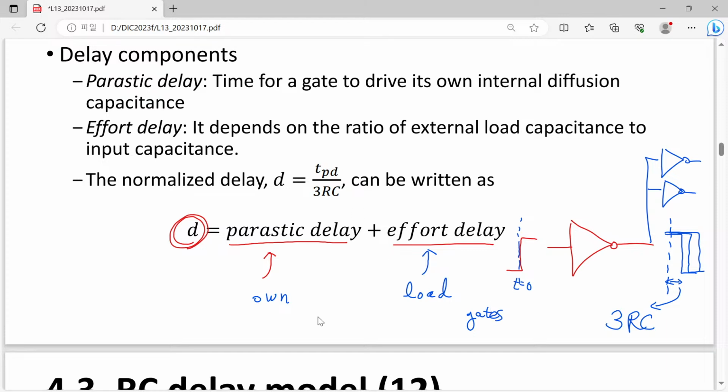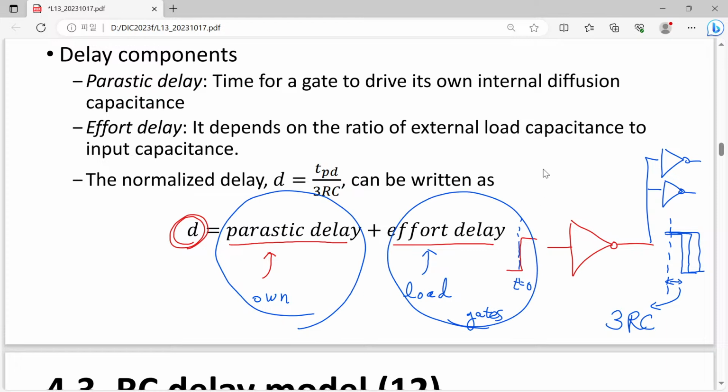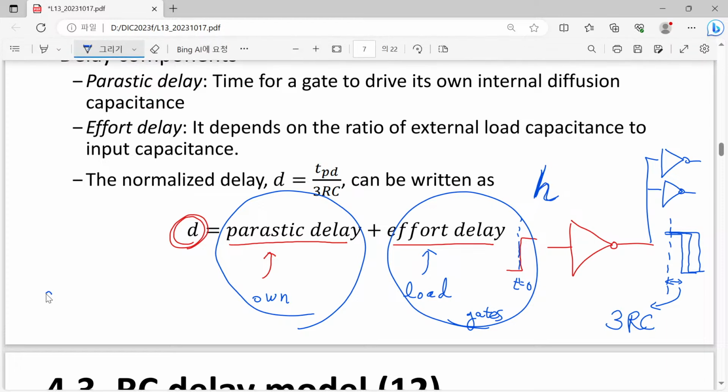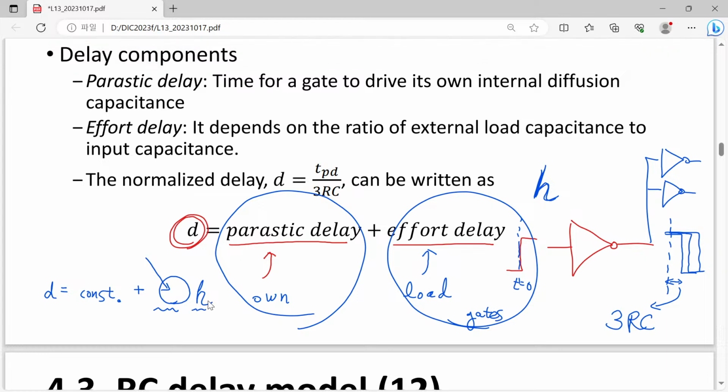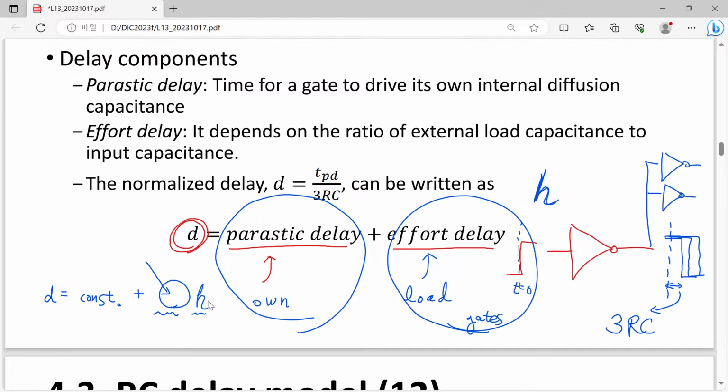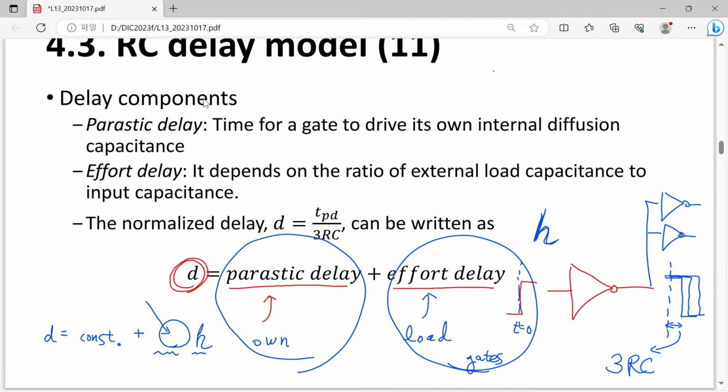You can easily understand this is the constant term, and this term is linearly related with our H. Now let's say that D equals a constant plus a coefficient and H. What is the coefficient in front of this H? That is our question. Before moving to the next slide, let me just read our slide.